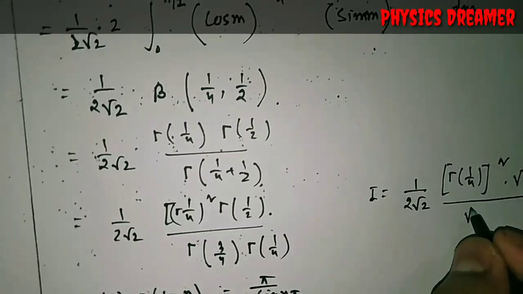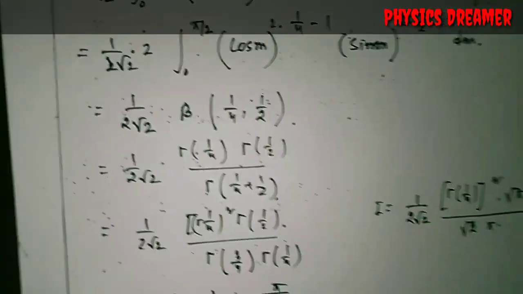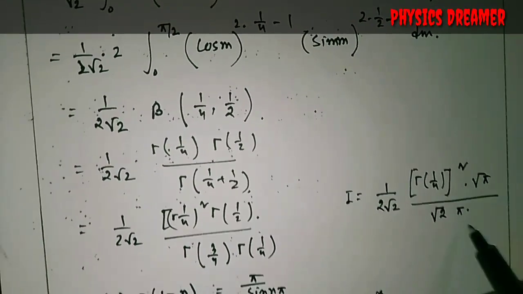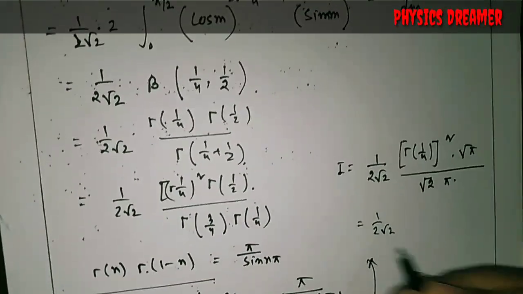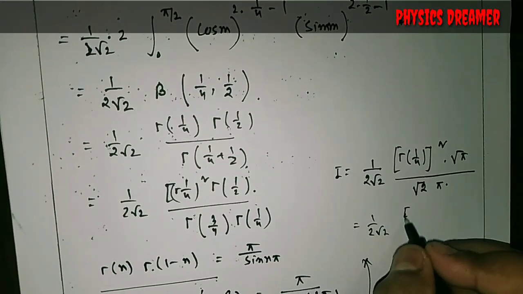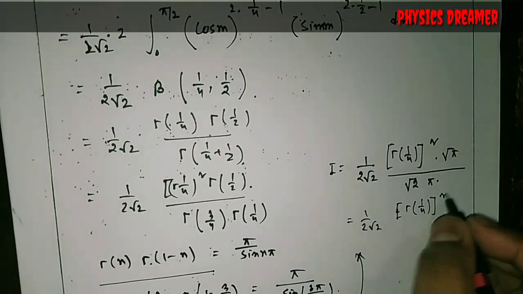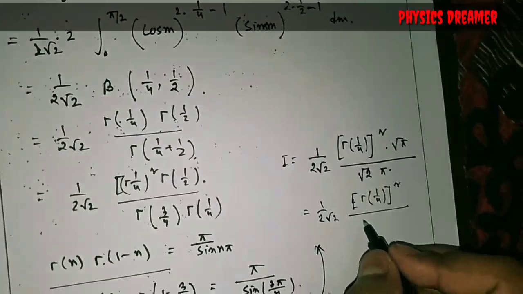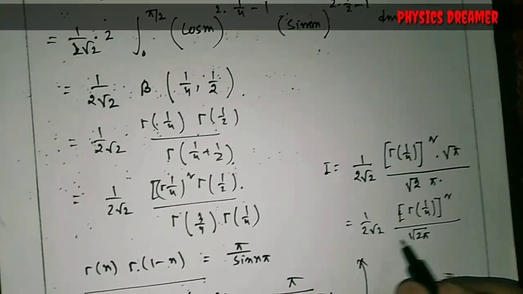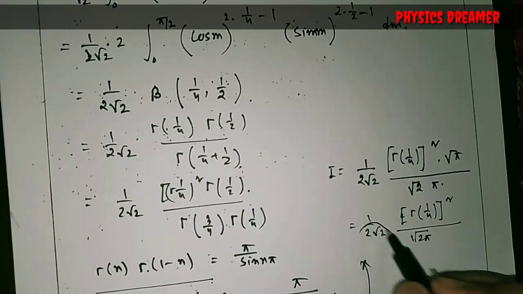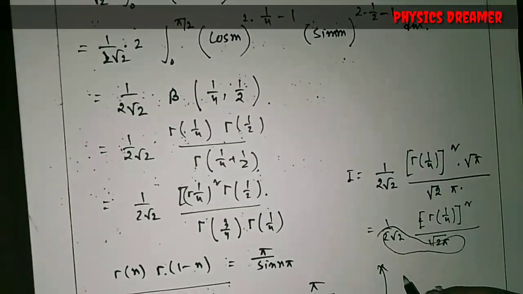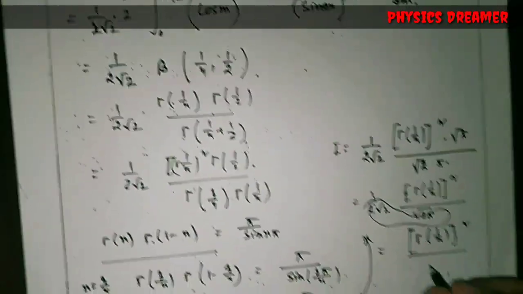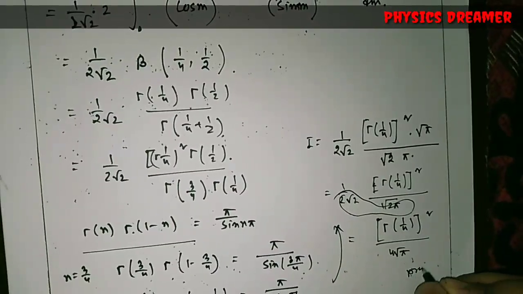Okay, so 1 by 2 root 2 into gamma of 1 by 4 whole square by root 2 pi, and you will see that this term will be 4 root pi. So here we can write gamma of 1 by 4 whole square by 4 root pi. It's proved.